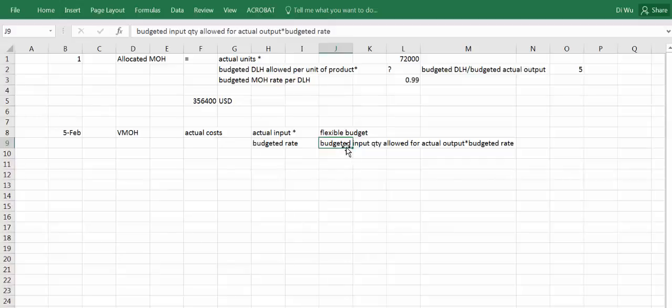For instance, in my budget, I may use 3 direct labor hours for an output, but the actual input quantity for a single output may be 3.5 direct labor hours. So there is an efficiency issue there. Then the difference between these two, you can see that I have the actual input and I have the actual rate. That's how you get the spending variance.